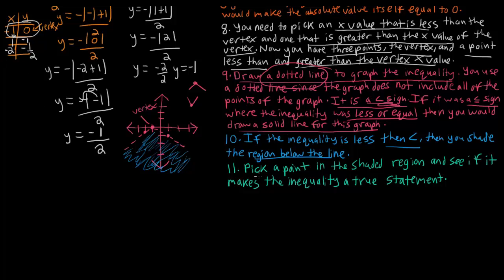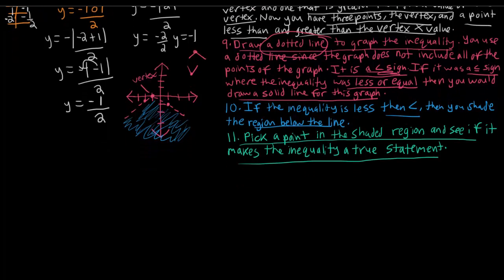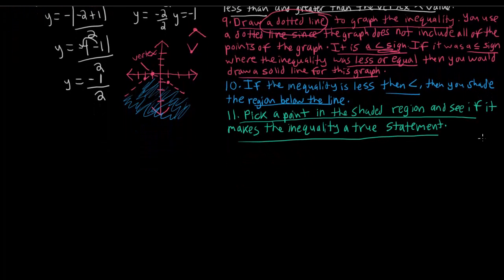Now for step 11, last step, we need to pick a point in the shaded region and see if it makes the inequality a true statement. So here's our shaded region right here. Let's pick 0, -5. Let's pick this point right here in the shaded region.